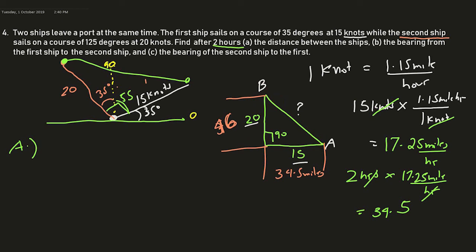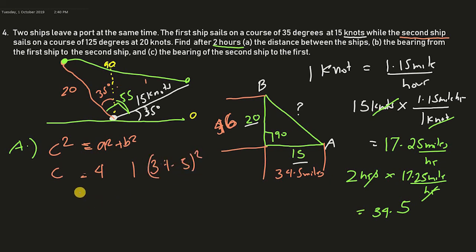Easy, right? So c squared is equal to a squared plus b squared. The value of a, any of these, would be 46 squared plus 34.5 squared.